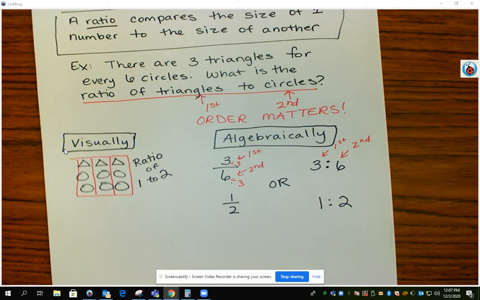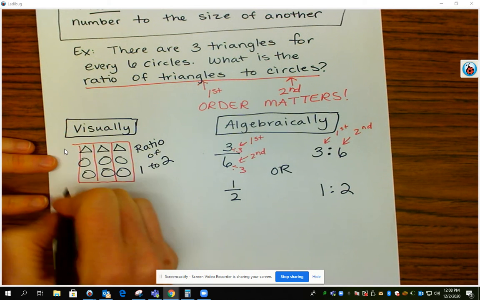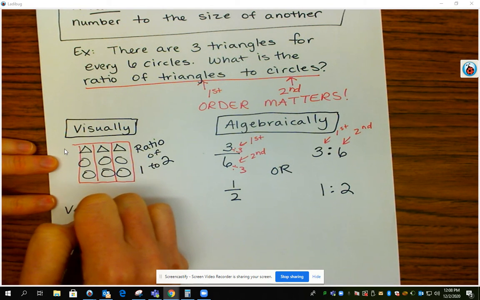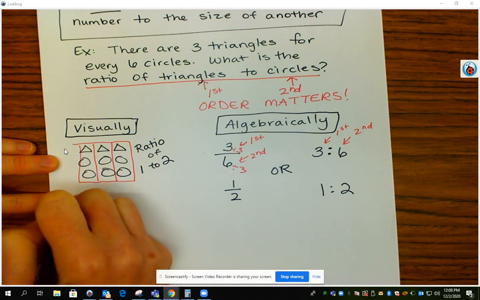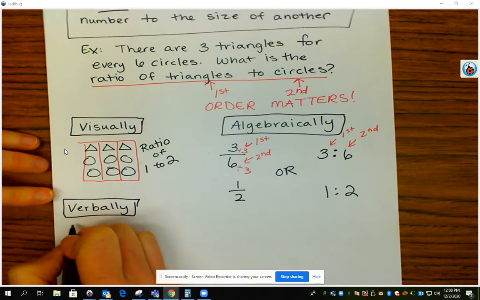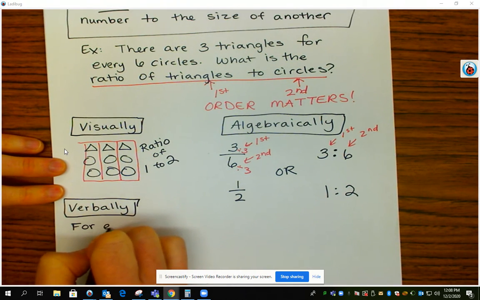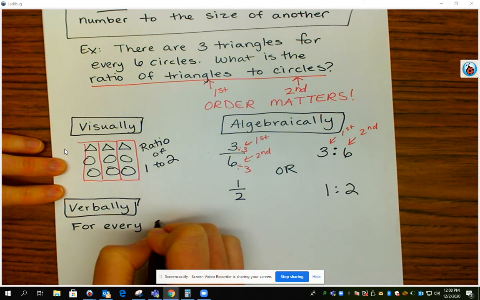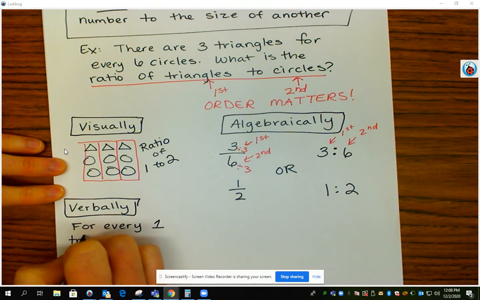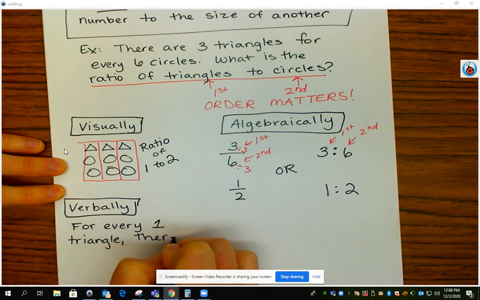Okay? And then we can also do it verbally or written out in words. So we could say for every 1 triangle, there are 2 circles.